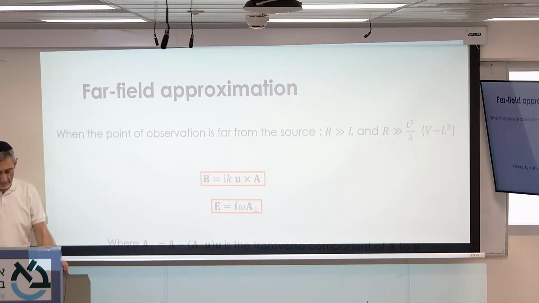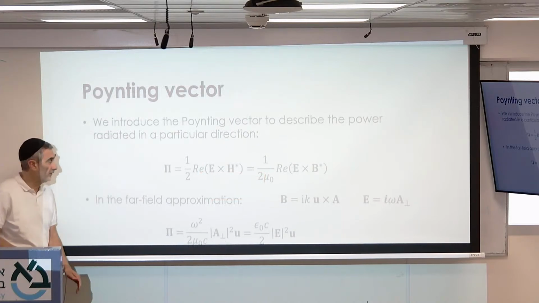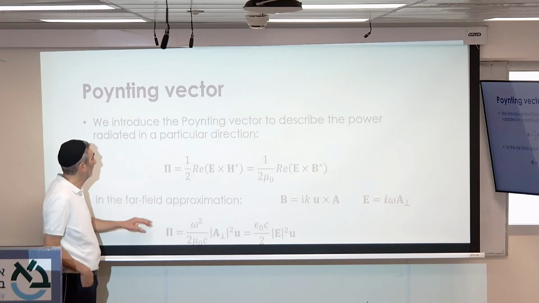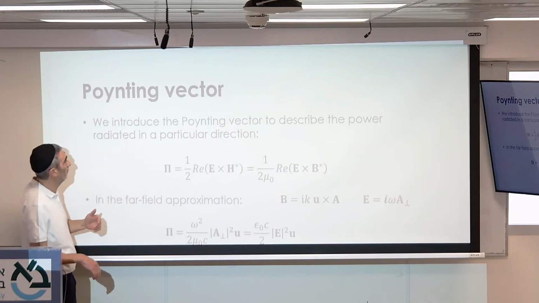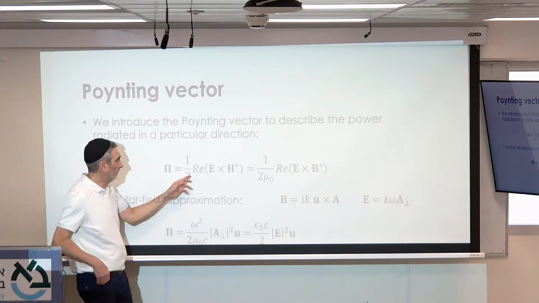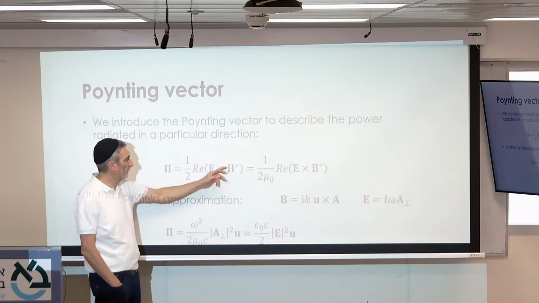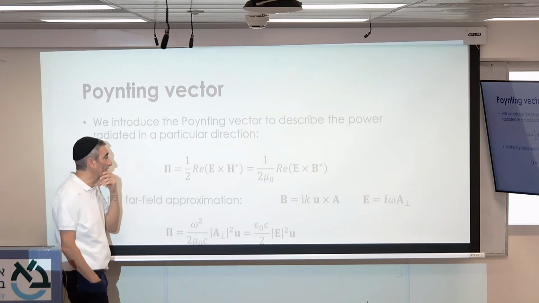So what do we do with that? For instance, we can calculate the Poynting vector. The Poynting vector describes the power which is radiated away from the source. It is the cross product of the E field and the B field, or the H field.